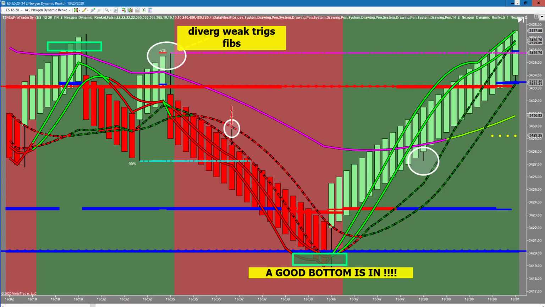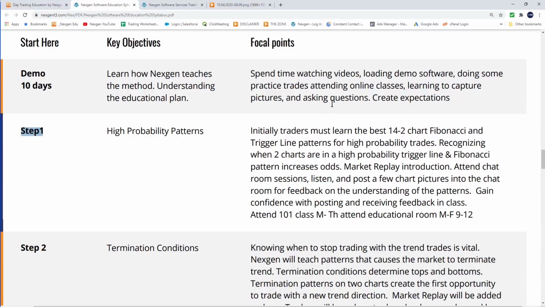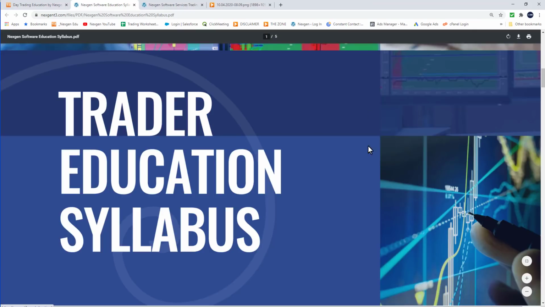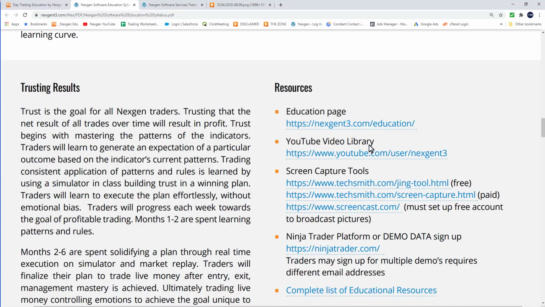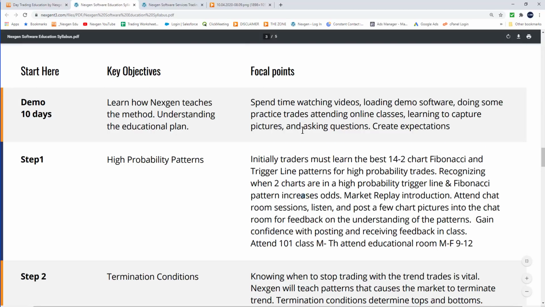My contention is, and again, I want to take this back to our educational syllabus first. You need to focus not only on, again, look, maybe this changes the way you think about things. In step 1, high probability patterns.